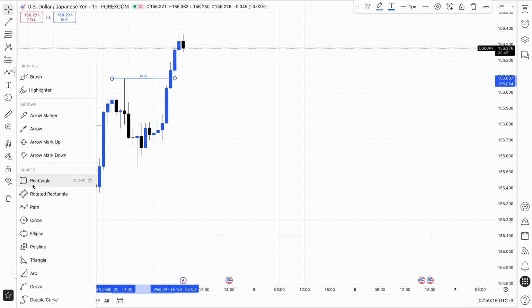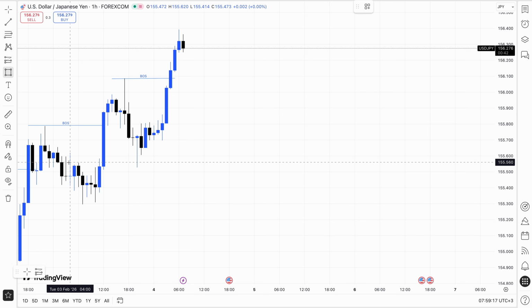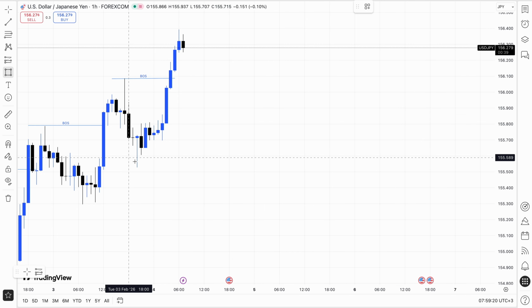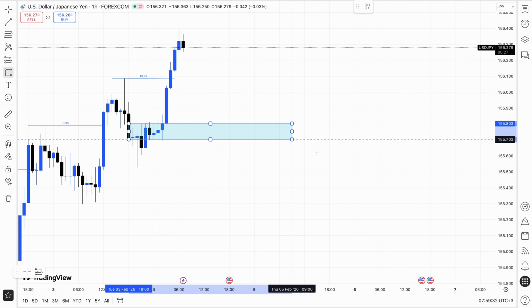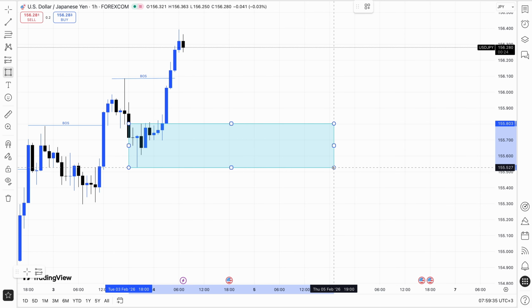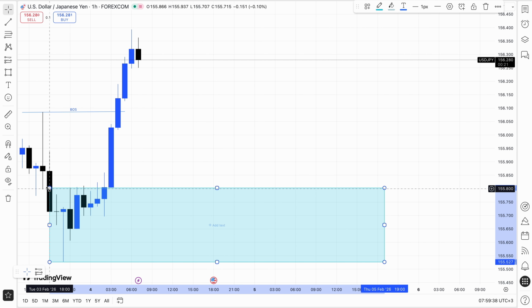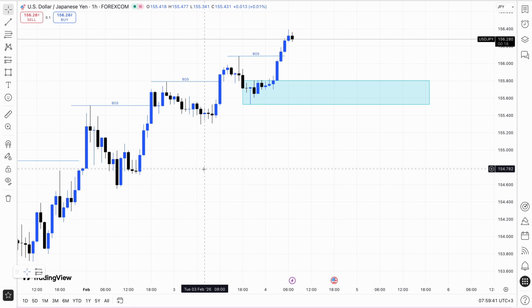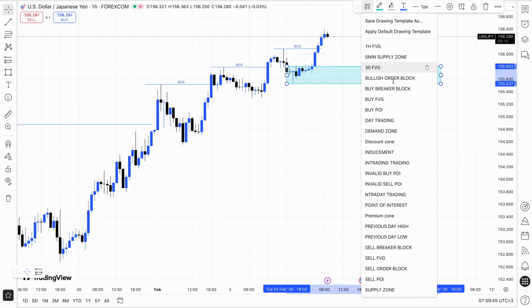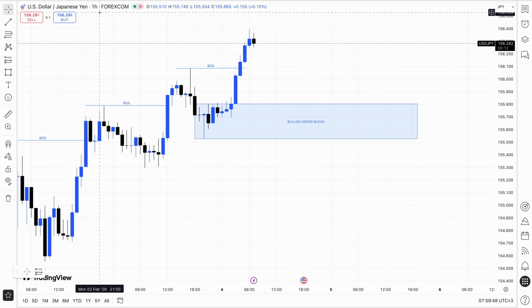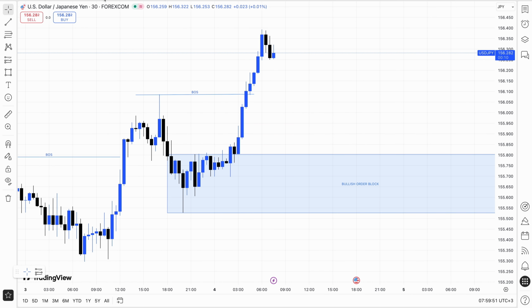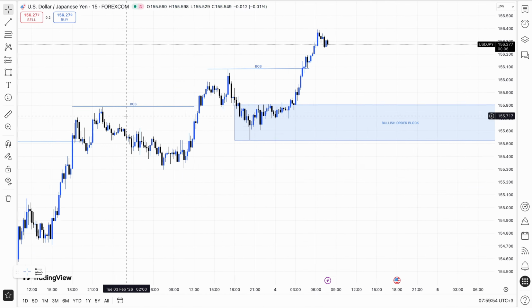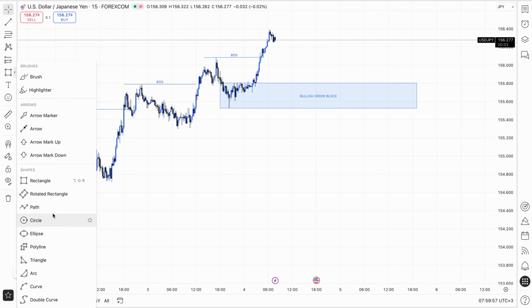So we have our external order block. Then our plan is still very simple.